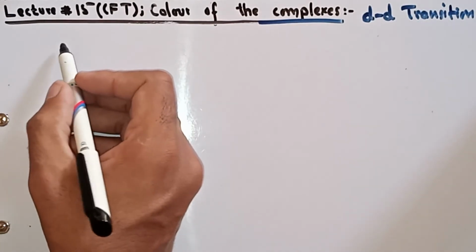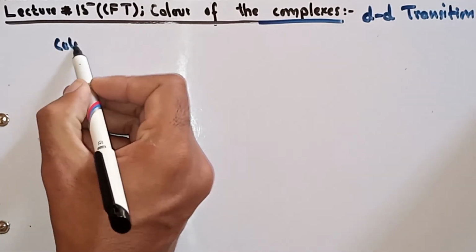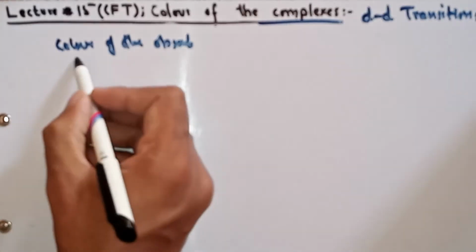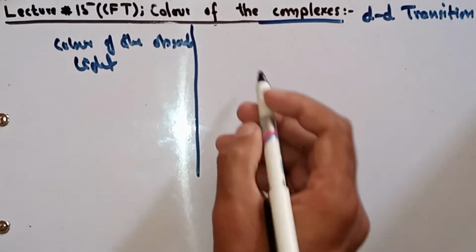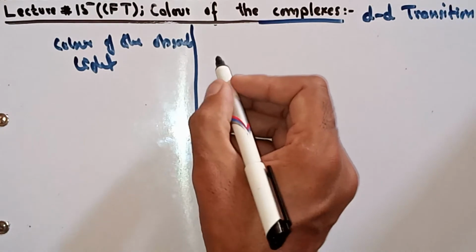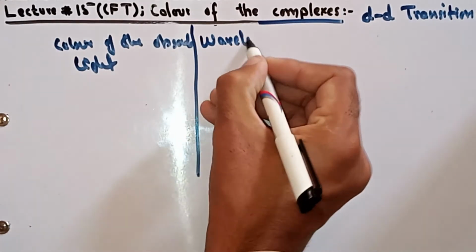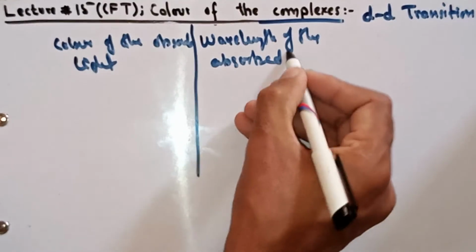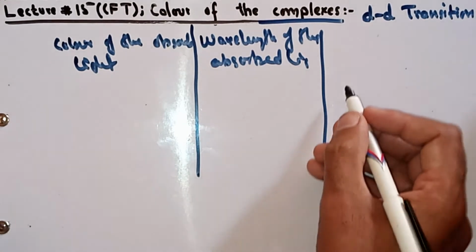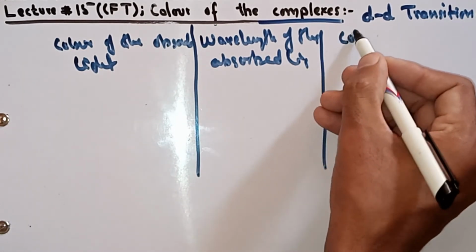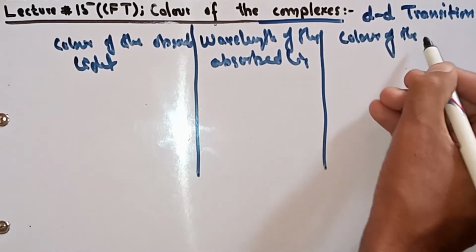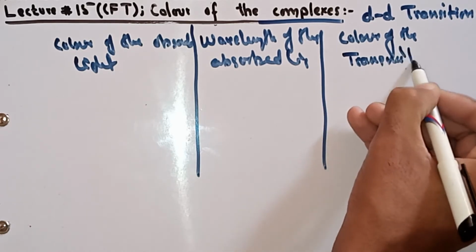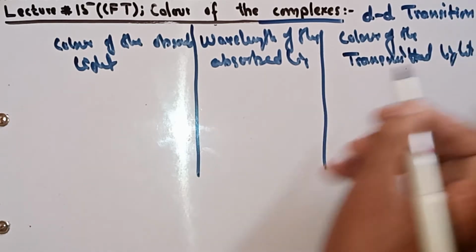When the complex absorbs light of different wavelengths, we look at the color of the absorbed light, the wavelength of the absorbed light, and the color of the transmitted light.